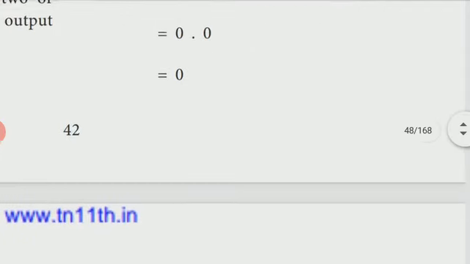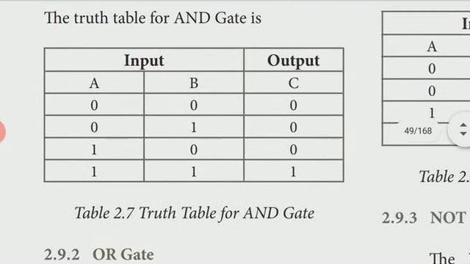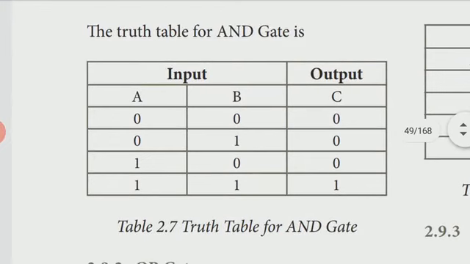And here they gave us a truth table. See, this is the truth table for the AND gate. A is one input, B is another input, and then the output. When both inputs are false, the result becomes false. Here one input is true, so the result becomes false.